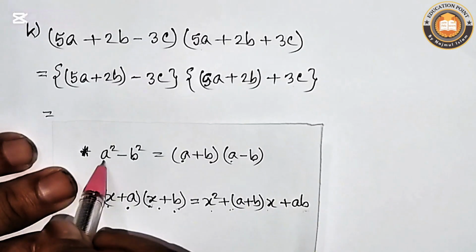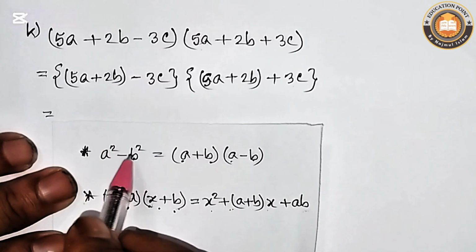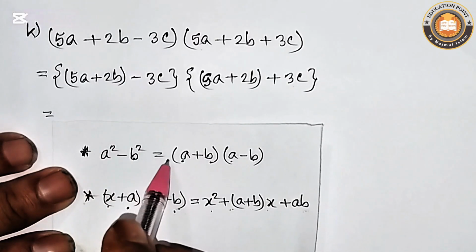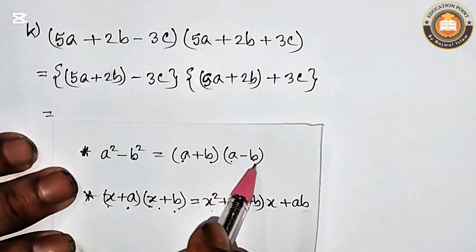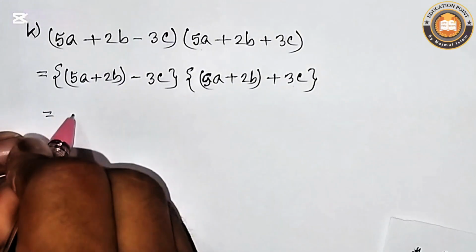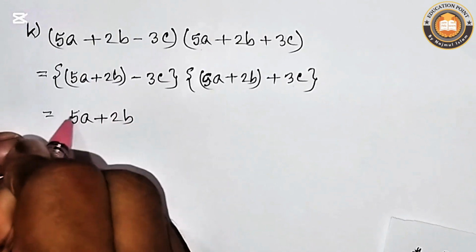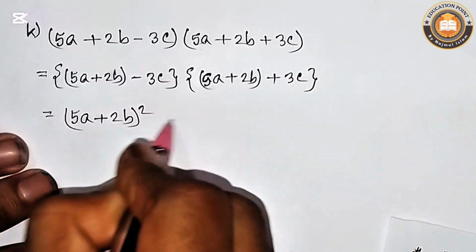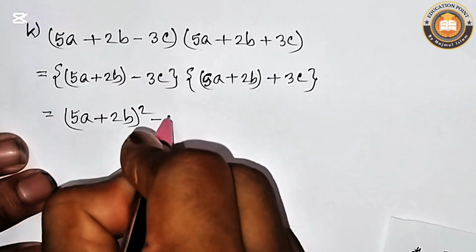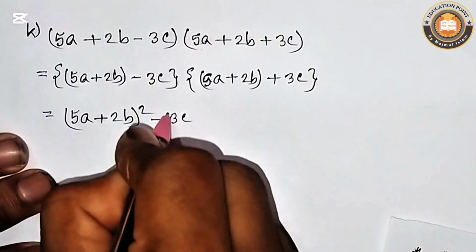This is the formula of a square minus b square, that means a square minus b square equal (a plus b) into (a minus b). So we can write a square means (5a plus 2b) whole square, minus b square means (3c) whole square.